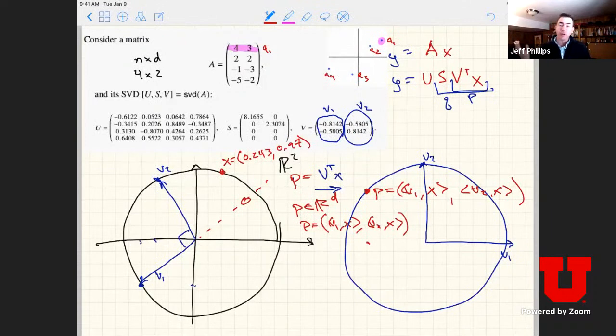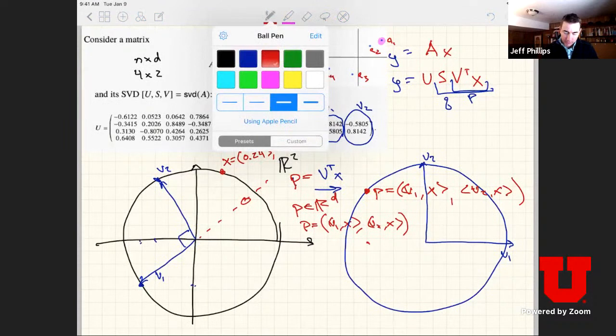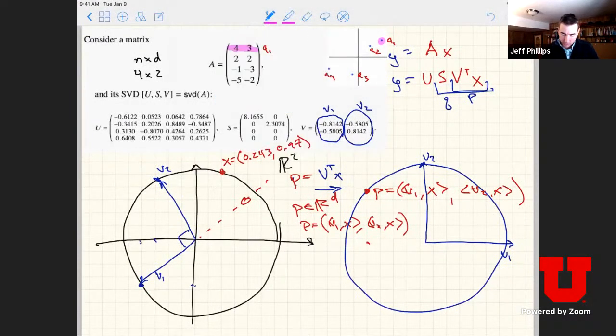Okay, good. So this is kind of cool. Now we're going to see what happens if I say Q is S times V transpose times X, which is S times P, where V transpose X was P. So now I do S times P. This is kind of simpler to do now.